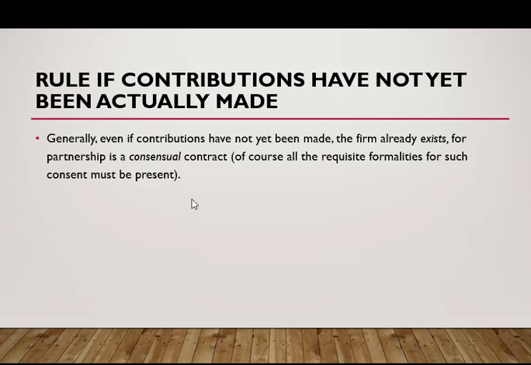So it means to say that the execution or signing could be done at some other time, and a later date would be their commencement or start of the partnership. So the question now is when it comes to juridical personality. We could assume that from the period of the signing or execution of the contract to the commencement date, wala pa po tayong na-acquire na juridical personality. So, that is a very important part.